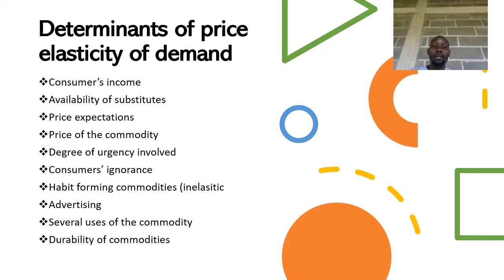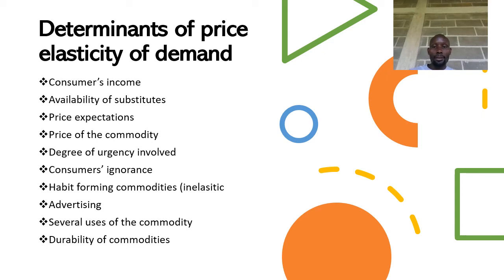Because a single bed they buy, they can use forever. Decreases in prices for durable commodities sometimes do not encourage people who already have those items to buy them. In that case, people may just see price changes, but they are not interested in buying those items. However, commodities which are not durable, or which can be used for a short period of time, tend to be price elastic. So changes in price can attract people to buy them.